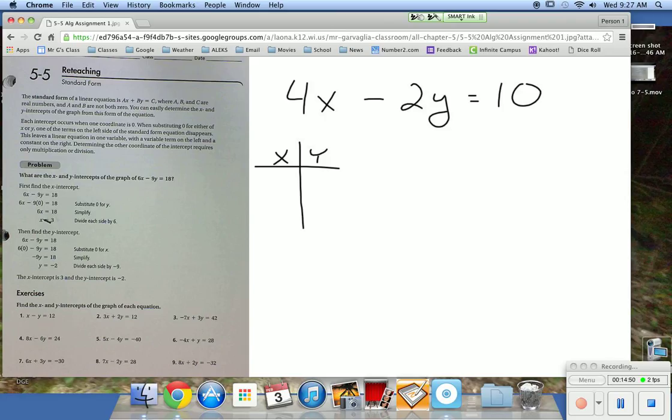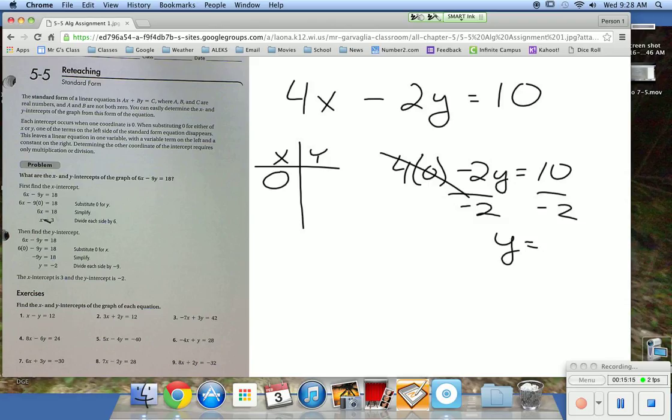All right. What's the first thing we do? Put 0 in for x. So let's take this. 4 times 0 minus 2y equals 10. The 4 times 0 goes away. We've got a minus 2y equals 10. Divide by a negative 2. Y equals negative 5. So that's what we put in here.